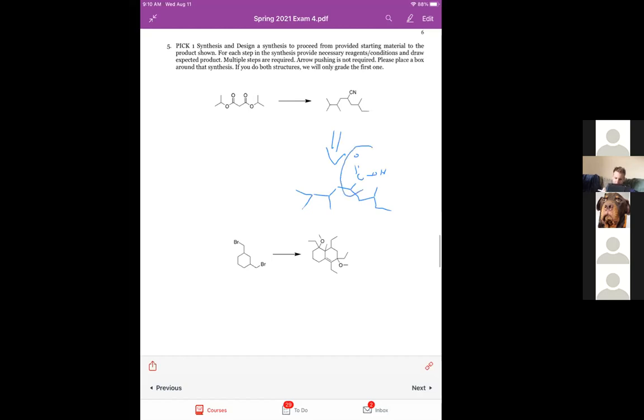This portion of it is going to come from here through a malonic acid synthesis. So let's kind of chunk through this. We can add these 2 giant components to it.